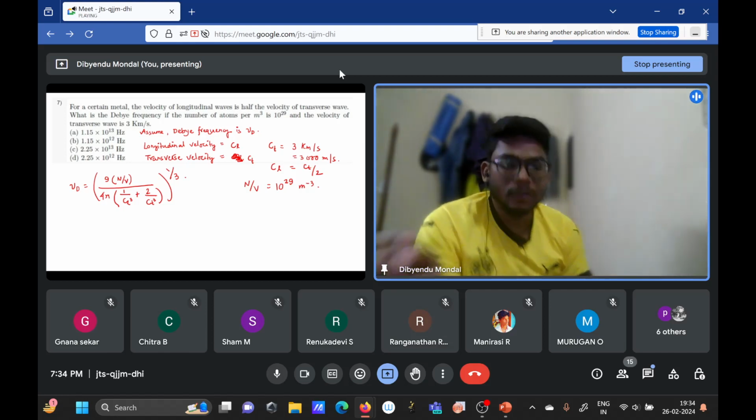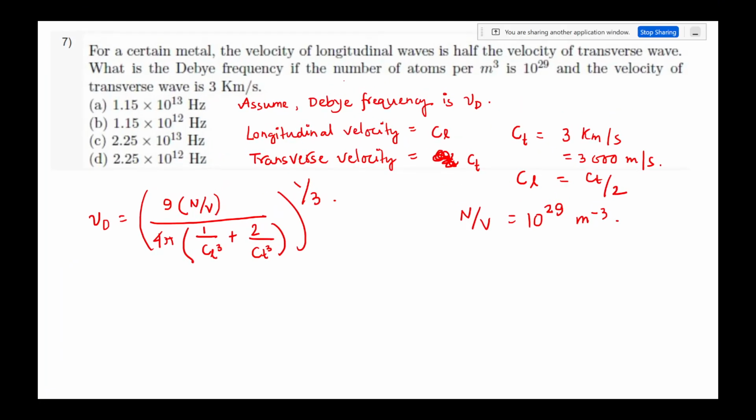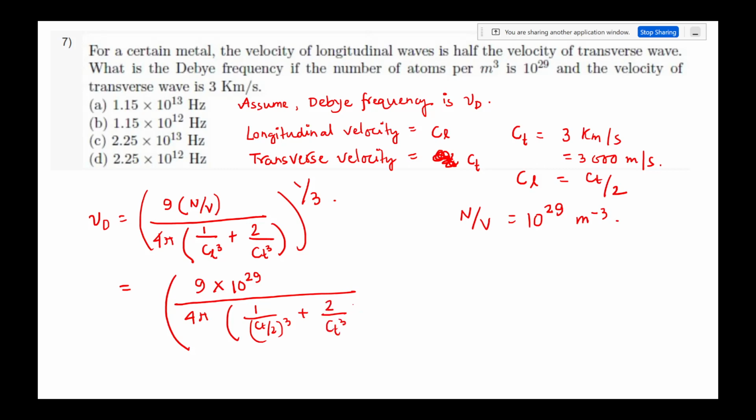Okay, so let me do the calculation. It's too difficult. Okay, so now if we put all the values here, this is 9, this is 10 to the power 29, this is 4 pi, this is 1 by CL cube, so CL is CT by 2, so 1 by (CT by 2) cube, plus 2 by CT cube, to the power 1 by 3.